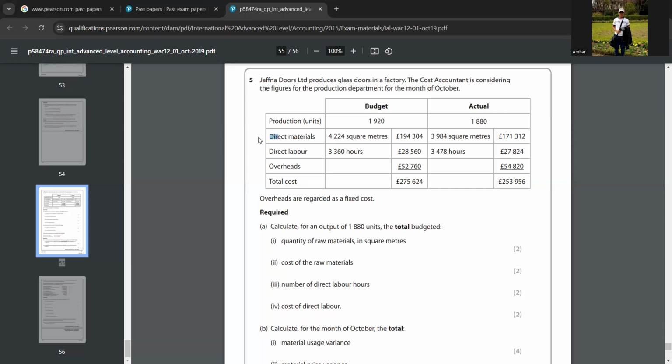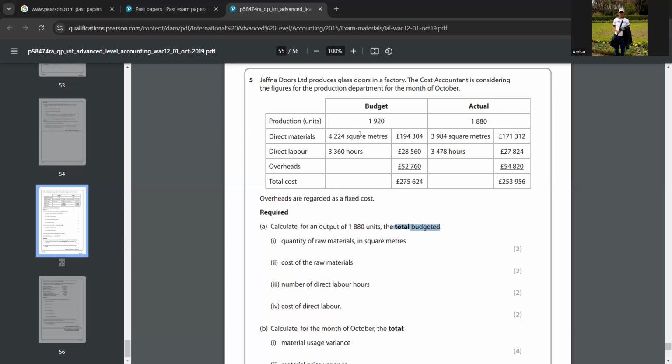So now they are saying calculate, for an output of 1,880 units, the total budgeted quantity of raw materials. So from the total budgeted quantity of raw materials, you have to take it for 1 unit and then multiply by 1,880. For 1,920, they are saying total budgeted.